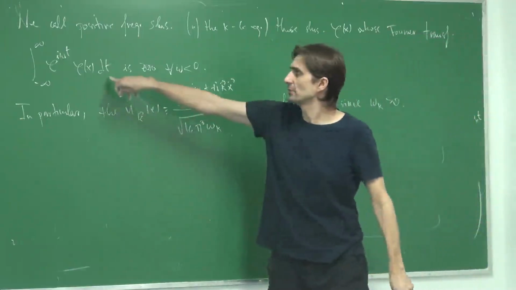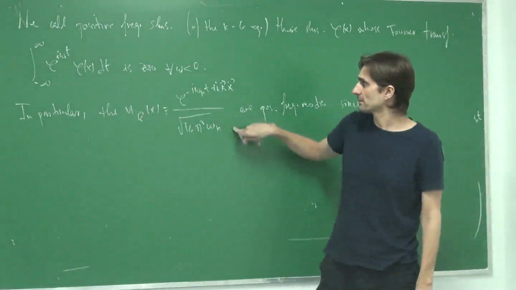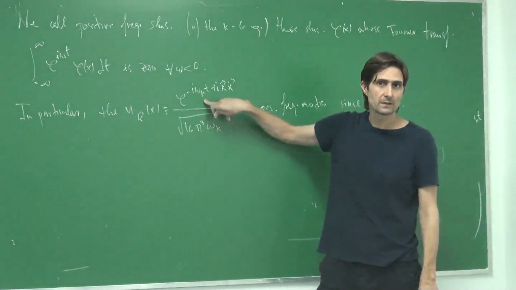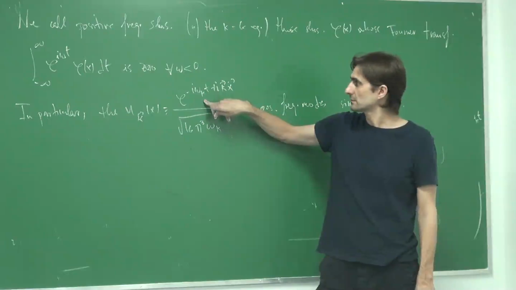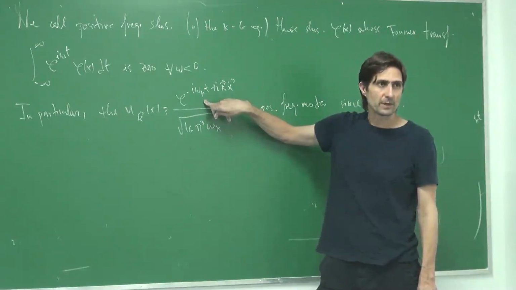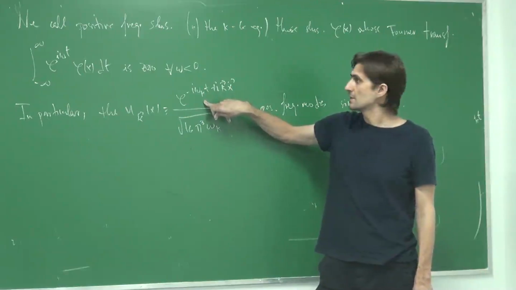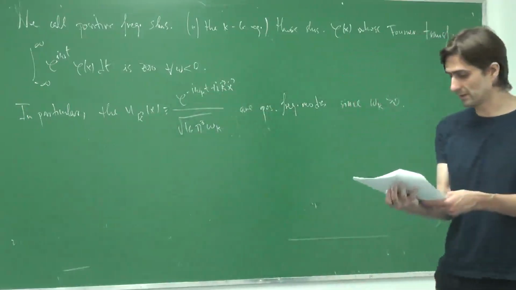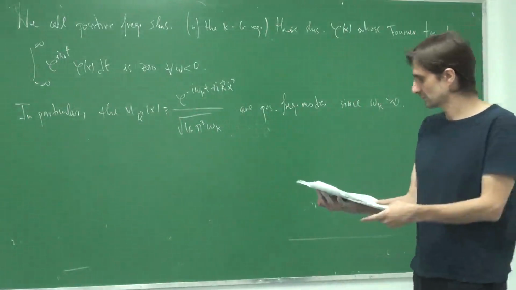All you do is this integral here. You're going to get a delta of omega minus omega_k. And so, unless omega is equal to omega_k, that's going to be 0. And omega_k is positive anyway. So this Fourier transform is going to be 0 for all omega negative.